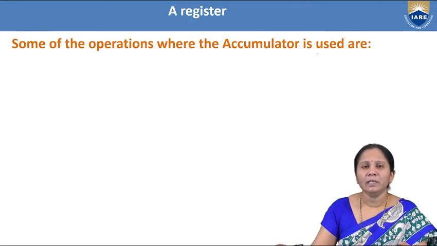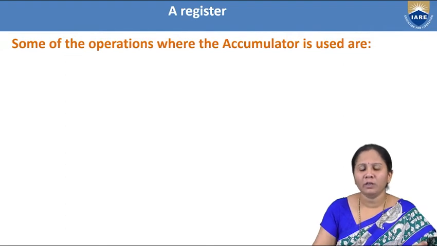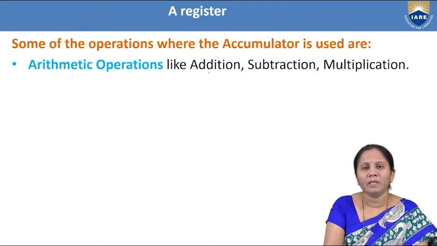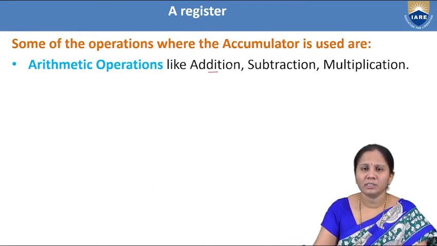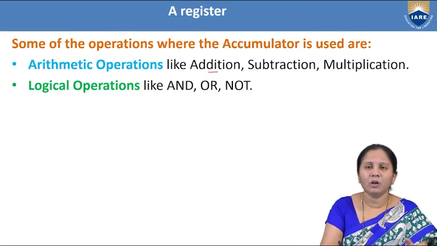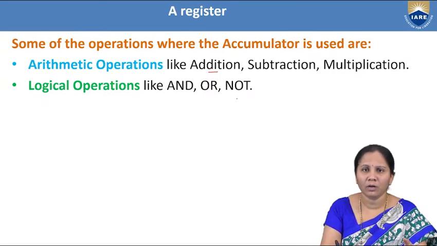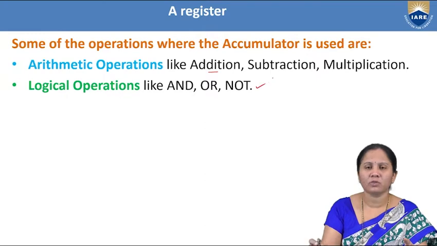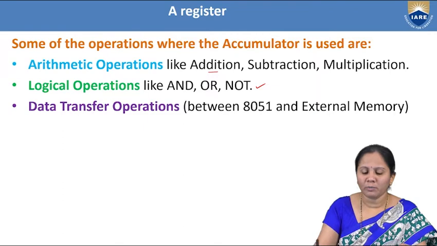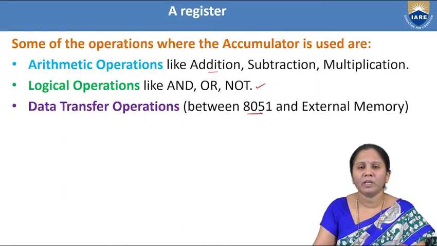Generally during programming, we use the A register when performing arithmetic operations like addition, subtraction, multiplication, and so on. While performing logical operations like AND, OR, NOT, we also use the accumulator register. To perform any data transfer operations between the 8051 microcontroller and external memory, we can use this A register.